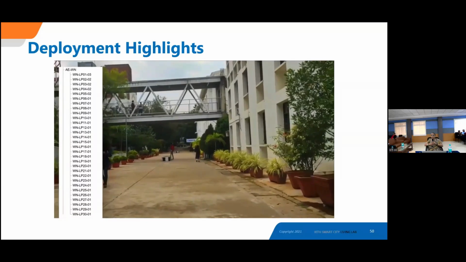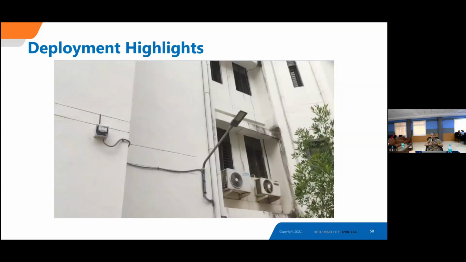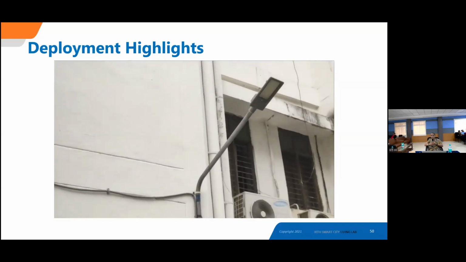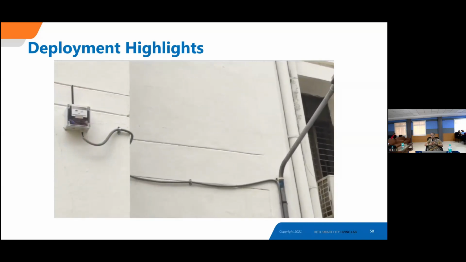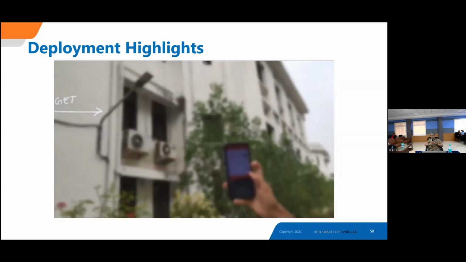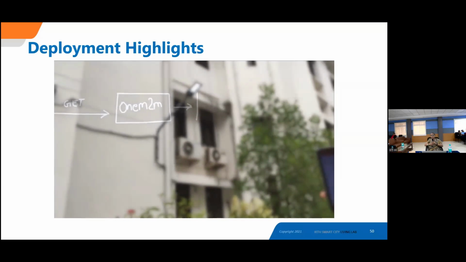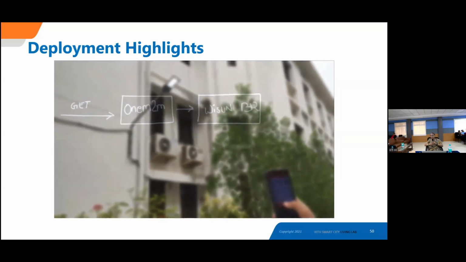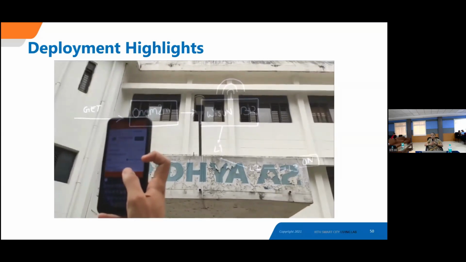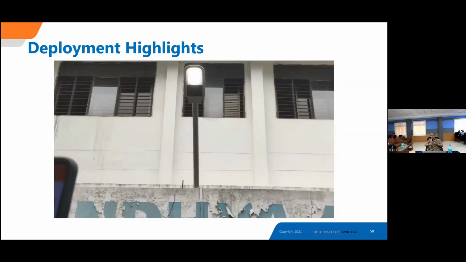And this shows the 1M2M deployment, how the nodes are deployed. You can see the street light controlled by the Bison node, which you can control automatically through the app or through the dashboard. You can switch the light on and off. The process of how it gets to 1M2M, and from there through the Bison border router, and how it is transmitted to the cloud, is demonstrated here.